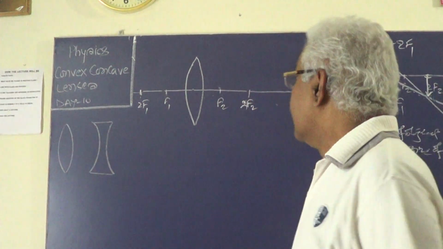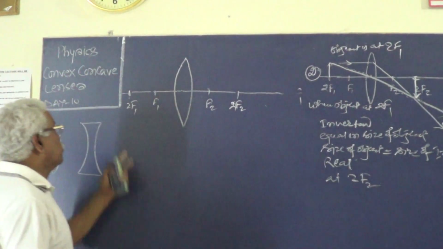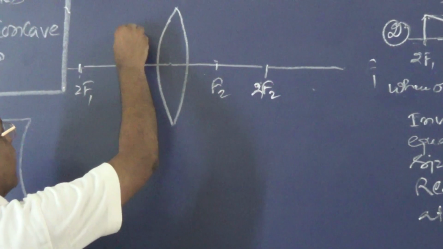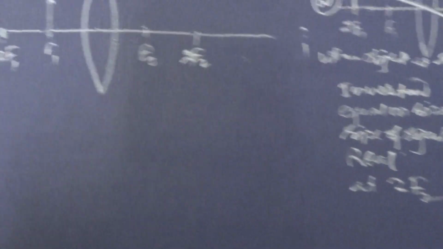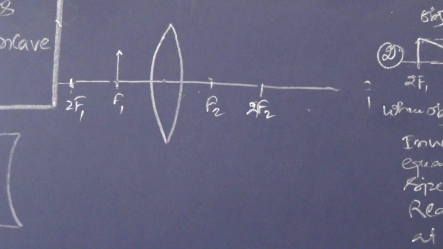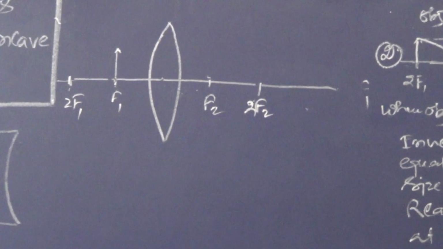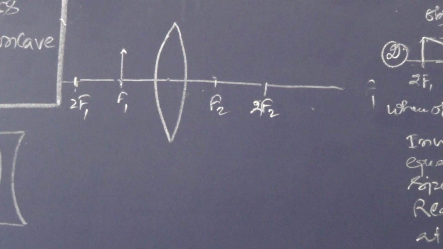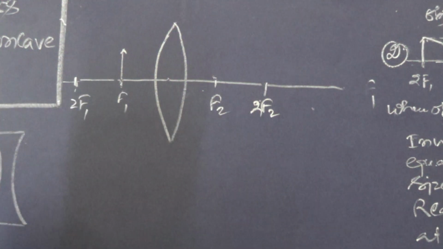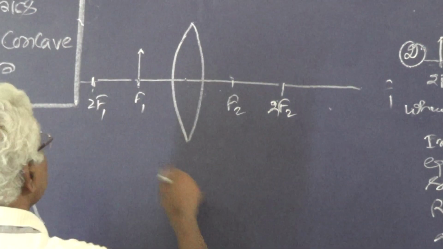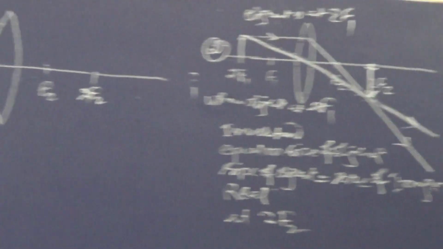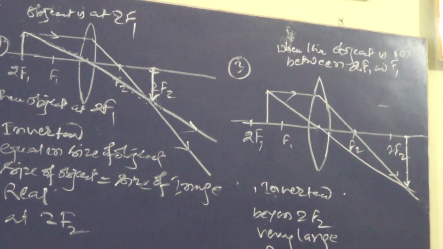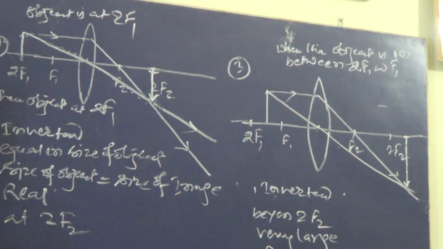So what actually happens when your object was between 2F1 and F1? Now the object is at F1. Then what will it be? Check the third case, when the object is between 2F1 and F1.